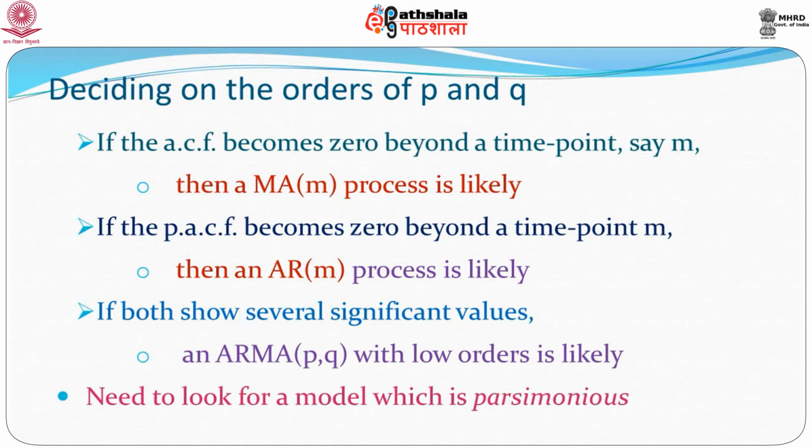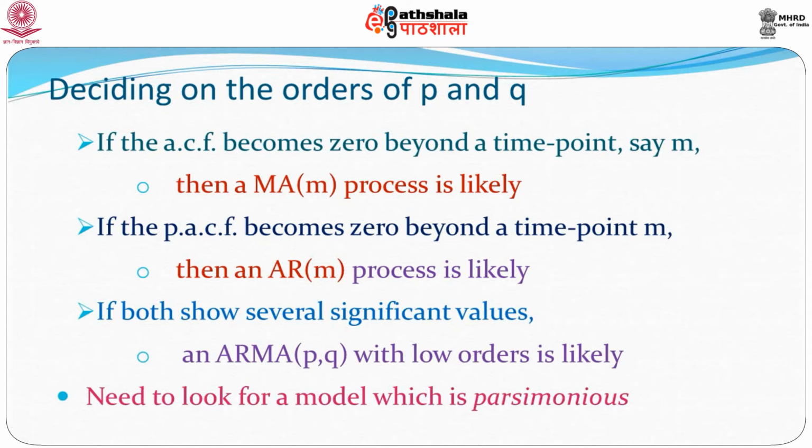Similarly, if you have an MA of reasonably high order, maybe MA(8), MA(9), then possibly again a small ARMA model with orders like p equal to 1 and q equal to 2 might give you an equivalent fit or even a better fit. What happens here is that if you have too many parameters in the model, then you have to estimate too many unknowns, and that reduces the efficiency of the estimates.